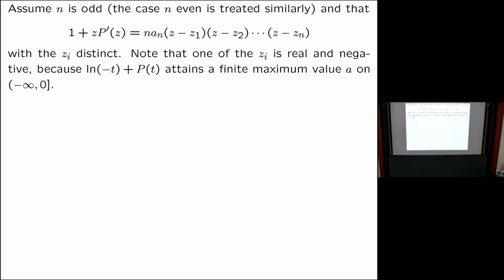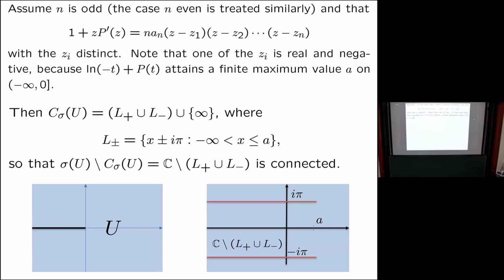It's a real polynomial, but it may have complex roots. One of them is real and negative, however, because if you look at log of minus t plus P of t on the negative real axis, you find it attains a maximum value.